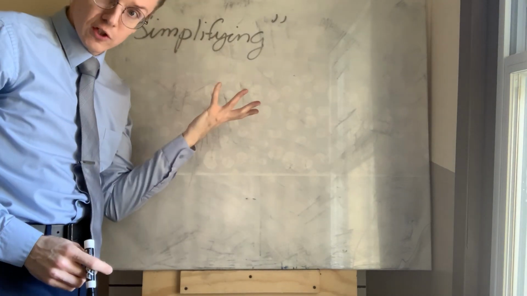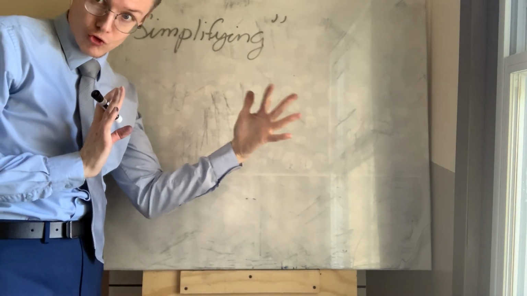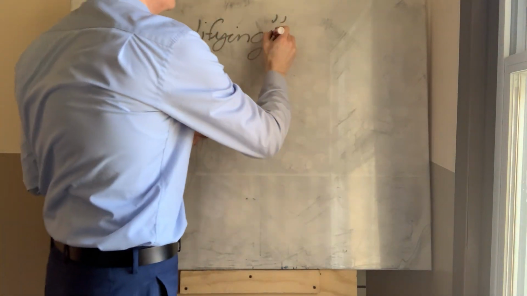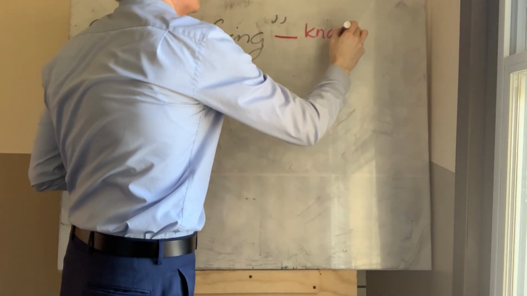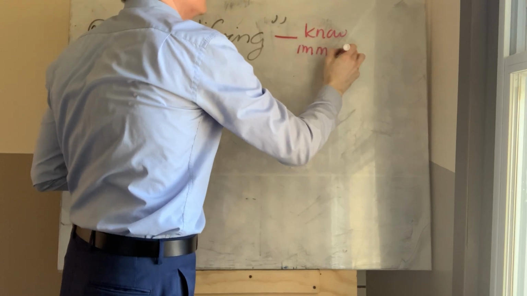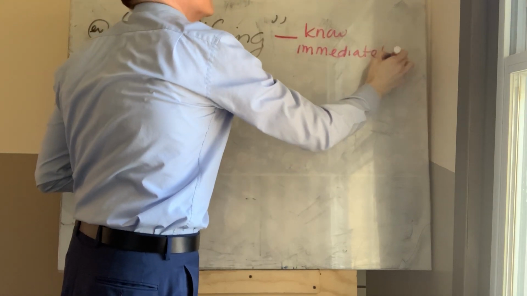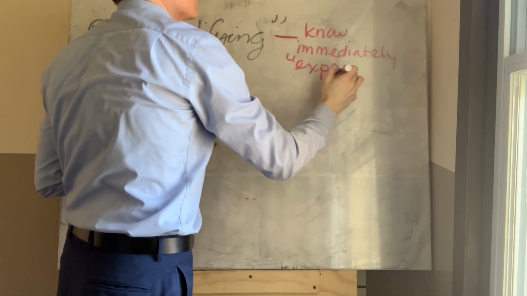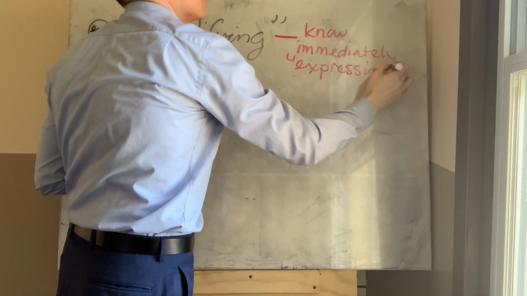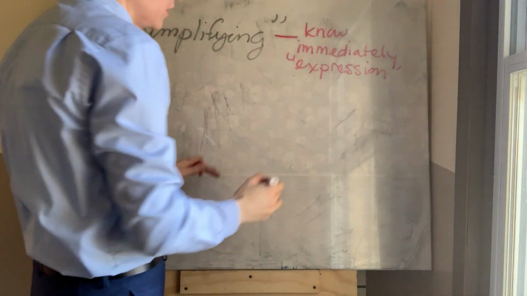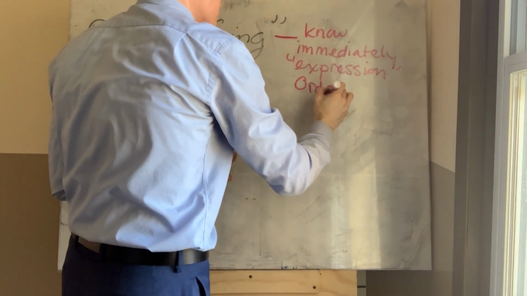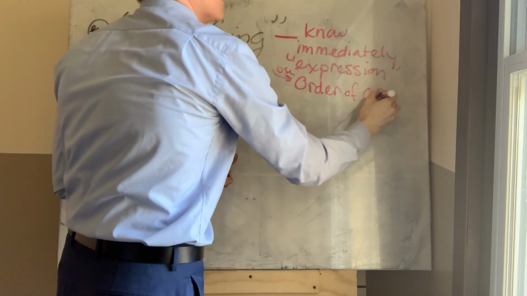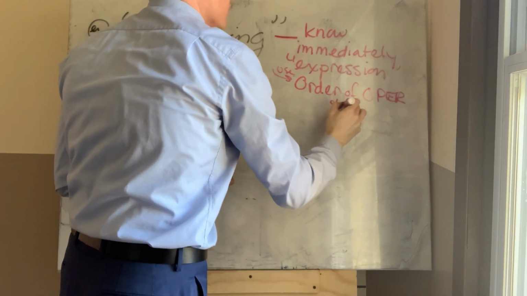If you see as an instruction, even one word long instruction, simplifying, know immediately what you're dealing with, that this is an expression, and therefore you're going to use the order of operations and maybe some properties.